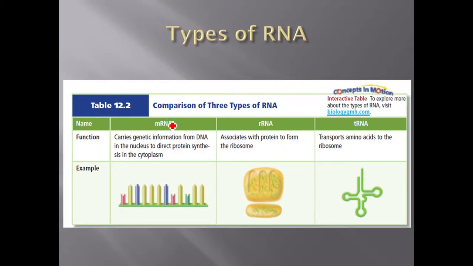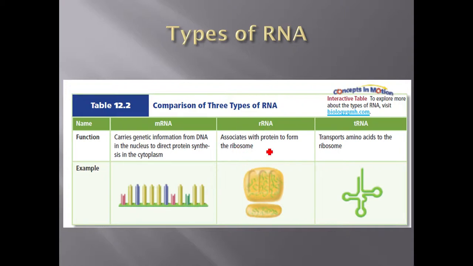Okay, so RNA comes in 3 types. There is mRNA, whose job is basically to carry information from the DNA in the nucleus to the ribosomes. That'll make more sense in a little bit as I explain more about what mRNA does and how it works. Now, rRNA is a fancy way of saying ribosomal RNA.